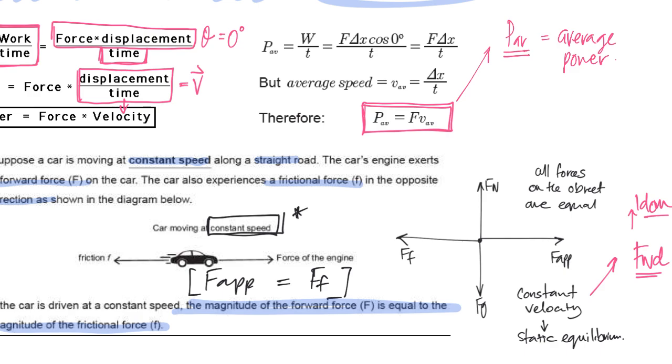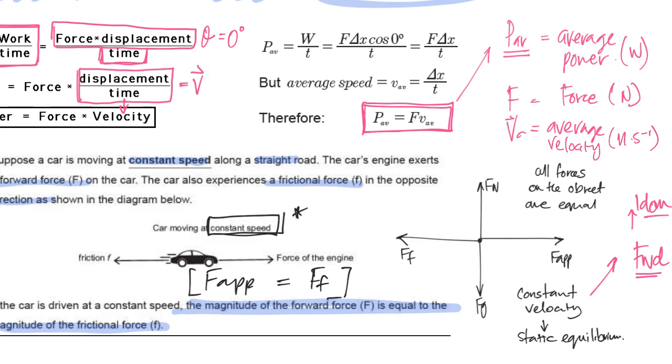If you don't have P_av, we're going to mark it as incorrect. Average power in watts or joules per second is equal to the force, which is whatever your net force is in newtons, multiplied by the average velocity, measured in meters per second. So that's your second formula.